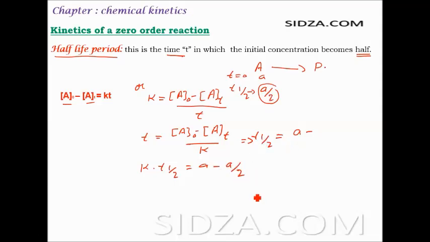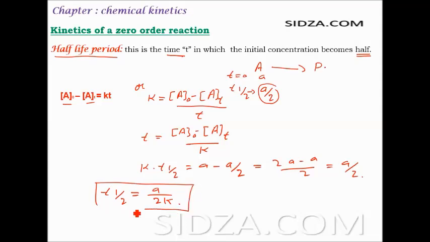Now A minus A by 2 will be A by 2. So K t half is the initial concentration by 2, or we can put it like this: the half-life period is A by 2K.